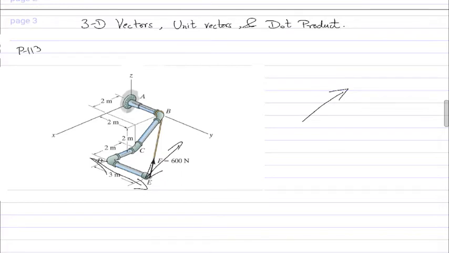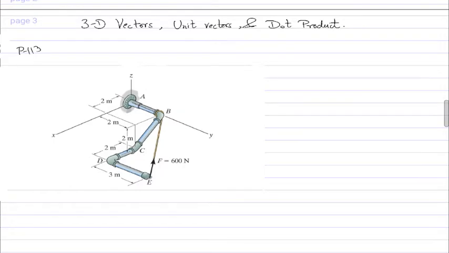If the line DE is somewhere here, we want to find the component of that force F along DE and the component of that force perpendicular to DE. So essentially, this is converting the 3D problem into a 2D problem, where you have a horizontal component and a vertical component for a force. This is resolving a force into its two components.